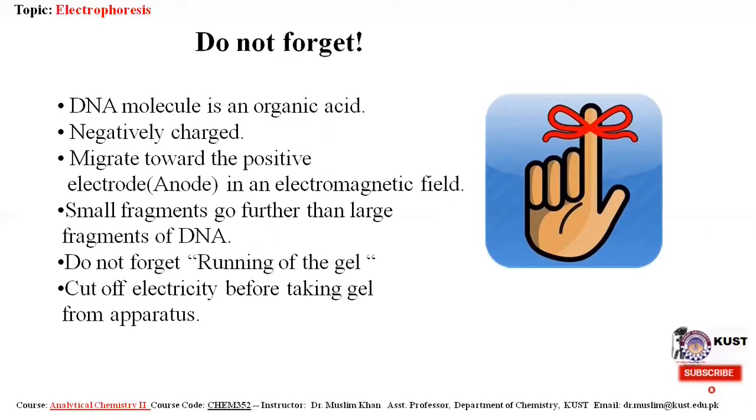It is negatively charged. So when it is negatively charged, for sure it will migrate toward the positive electrode, the anode, in the electric field. So small fragments of DNA go further than large fragments of DNA. So don't forget, when running the gel, cut off electricity before taking the gel from the apparatus.